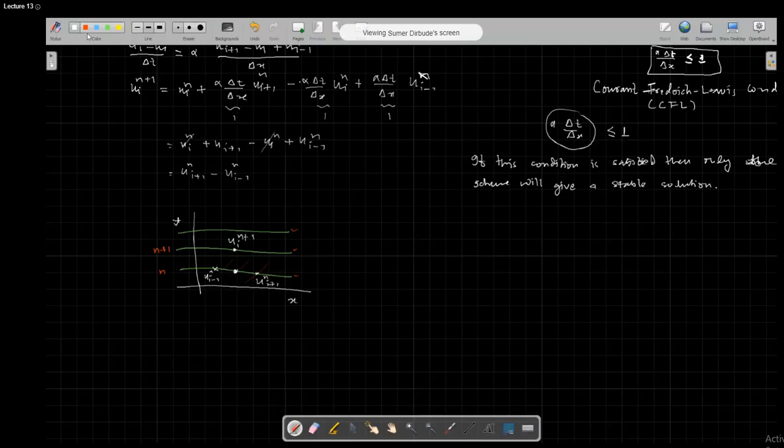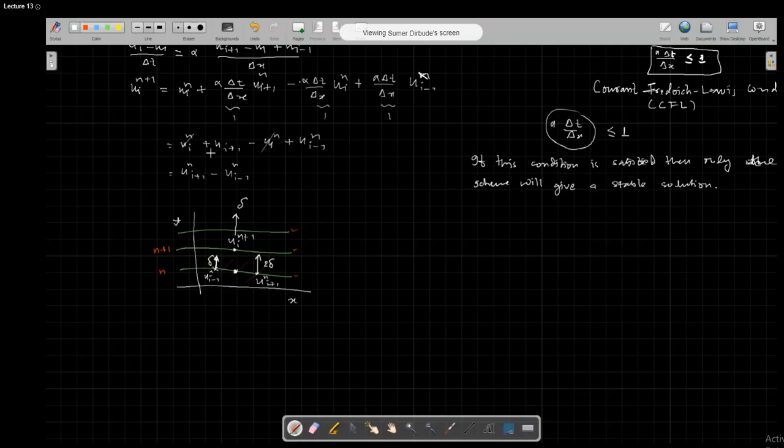Suppose the value of ui is some value delta, and ui minus 1 value is twice delta. Then the total value should be delta, according to this. Suppose alpha delta t over delta x becomes a large number.